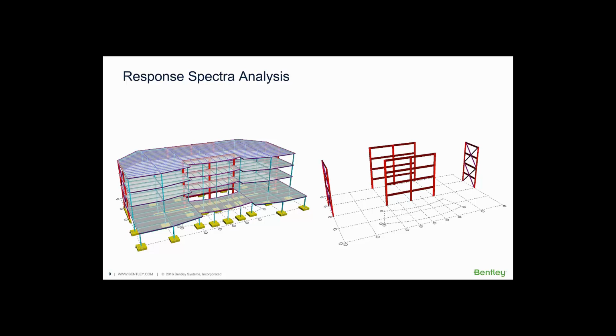So I'm using this building shown on the left, and the lateral frames part of the building is those frames shown on the right. Moment frames in the X direction, and brace frames in the Y direction. And so this is the model that I'm going to use for this response spectrum analysis.